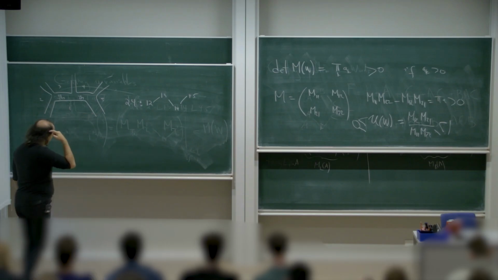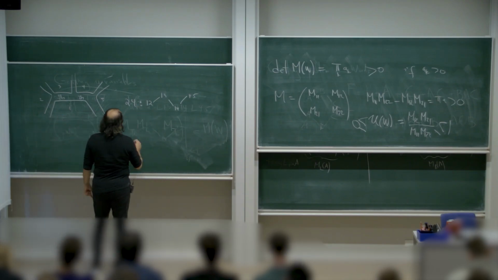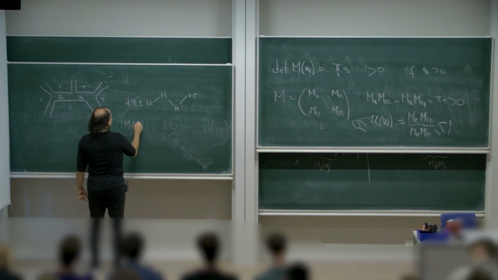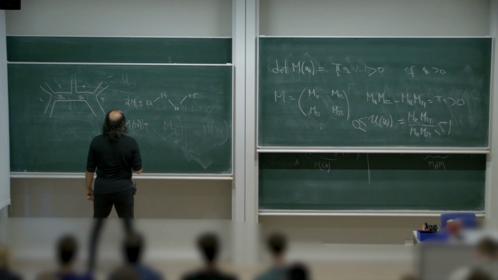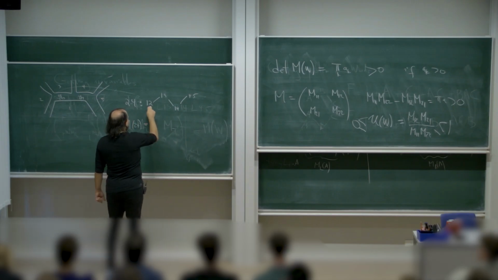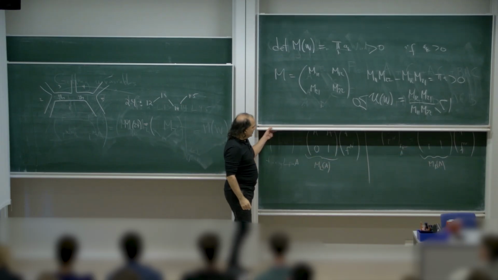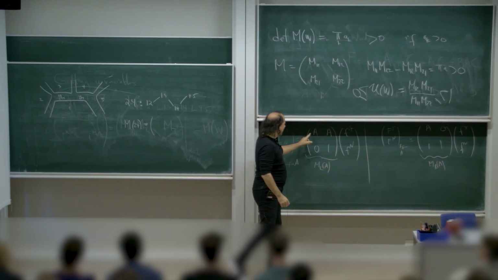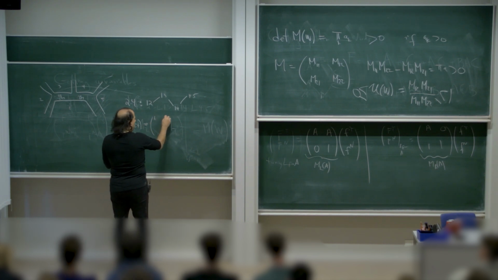Now the matrix associated with this word, M24, is this up at 1, 2. But remember, I'm supposed to set A to 1. So the up matrix was A, A, 0, 1, but A is 1 here. So I'm starting at the boundary, and this is 1, 1, 0, 1.